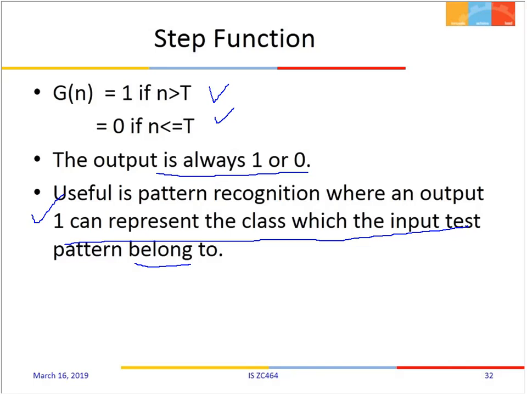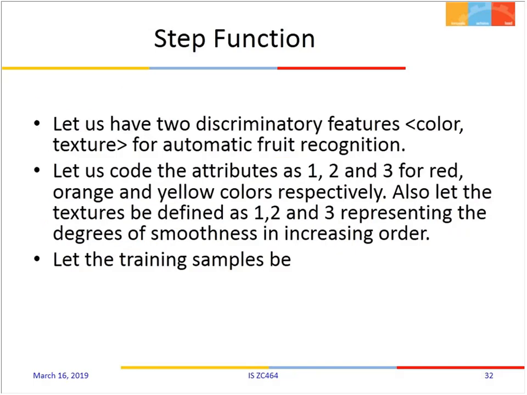So if we have two discriminatory features, color and texture, for automated fruit recognition, let us code the attributes as 1, 2, 3 for red, orange, and yellow colors respectively. And let the textures be defined as 1, 2, 3, representing the degree of smoothness in increasing order.